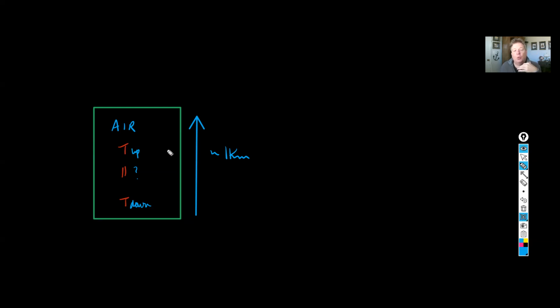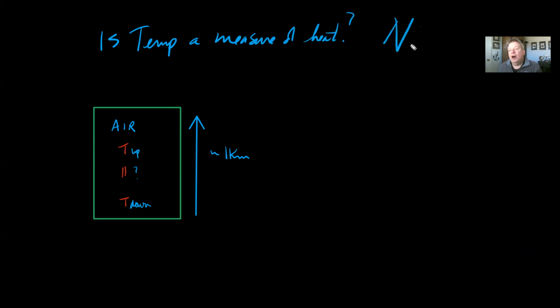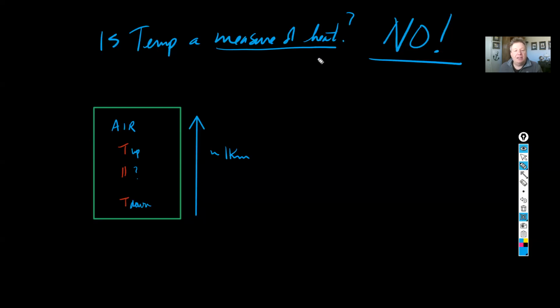Is temperature a measure of heat? So there's the question. Is temperature a measure of heat? And the answer is no. What is the measure of heat? The answer is potential temperature, theta.